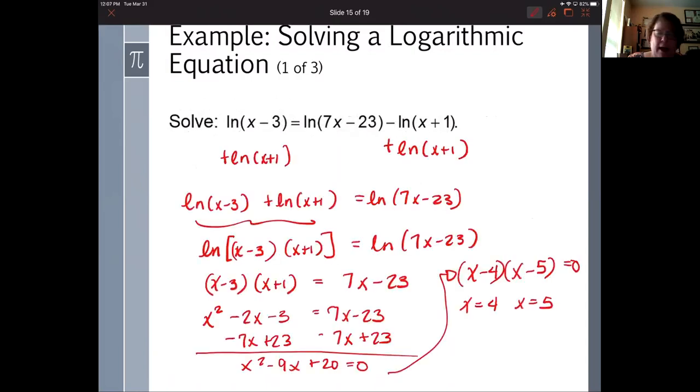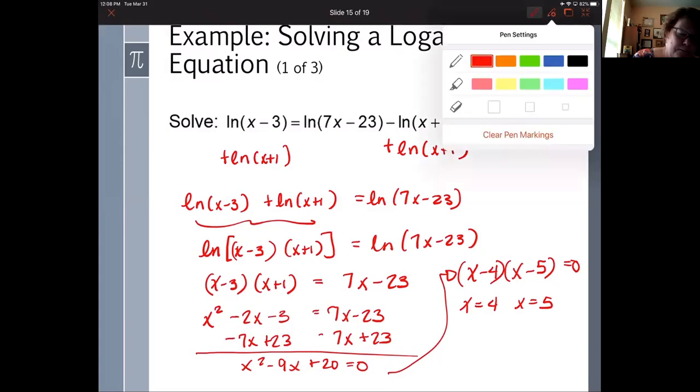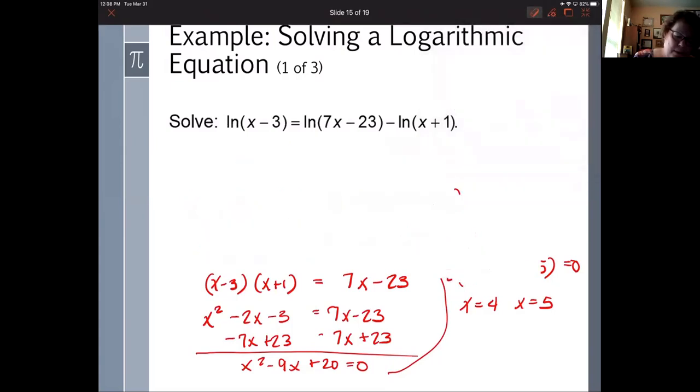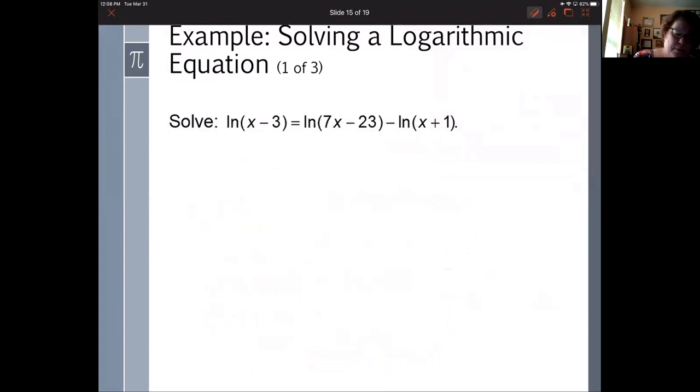Now, the other way you could have handled this, and I do want to show you that also, is to write the right-hand side as a quotient. And the only thing that's different is you're going to have to multiply both sides by the least common denominator. So let me do a little bit of erasing here. All right, so now instead of moving the natural log of x plus 1 to the left-hand side, I'm just going to write the right-hand side as the logarithm of a quotient.